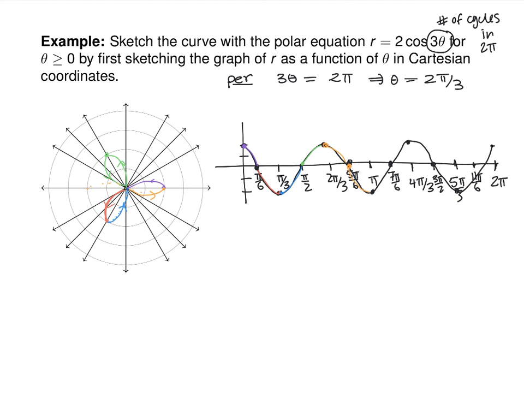And if I were to keep going and do this part from pi to 7 pi sixths, that's going to reflect onto this part again. So if we go all the way to 2 pi, we're just going to retrace the curve.